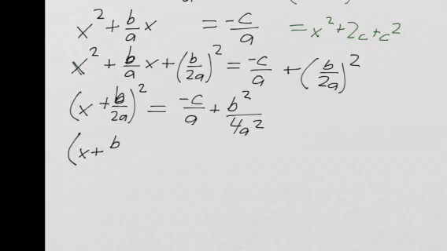So the left-hand side stays the same. And I'm going to also switch the order on this. So I'm going to do b squared over 4a squared. And then to get a common denominator with negative c over a, I need to multiply top and bottom by 4a.